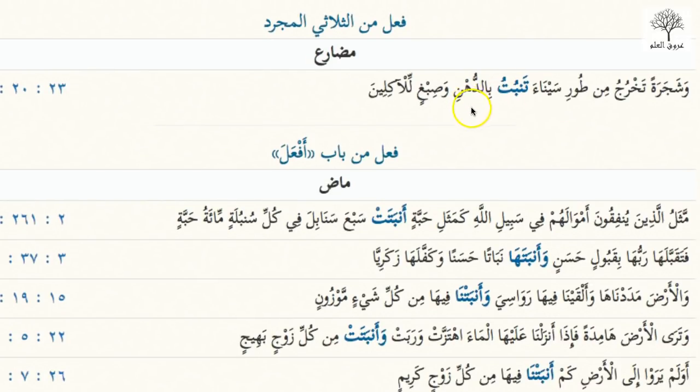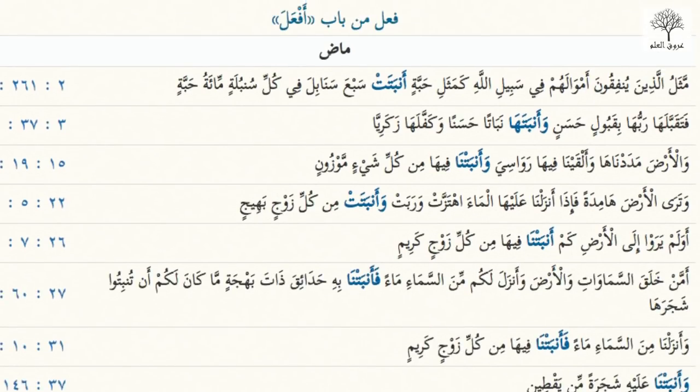There are other words as well. Tanbutu bidduhun: in Tur Sina there is a type of tree that grows with oil, sibghin lil akilin, a condiment for the eaters. مثل الذين ينفقون أموالهم في سبيل الله, the example of those who spend from their wealth in the path of Allah, كمثل حبة, is like a seed, one seed. أنبتت, this seed makes grow upwards, with nurturing and tender care. أنبتت سبع سنابل, seven spikes, في كل سنبلة مائة حبة, in every spike there are a hundred seeds.